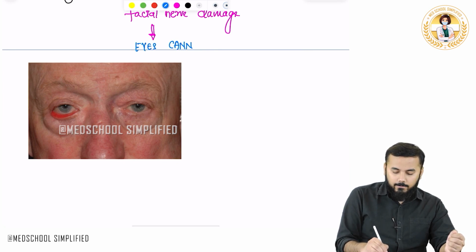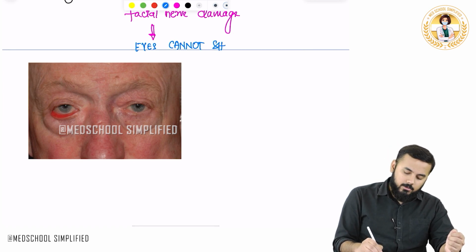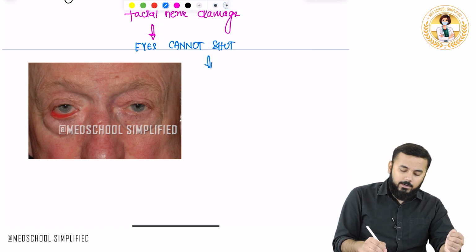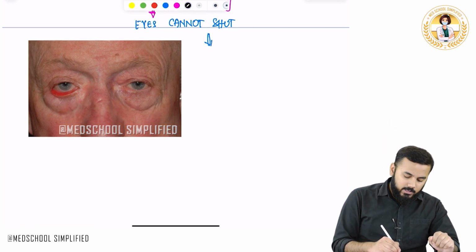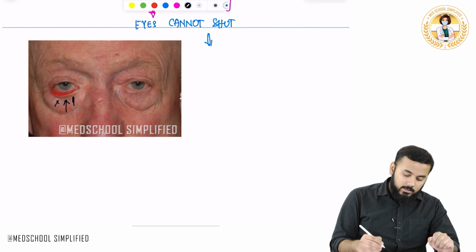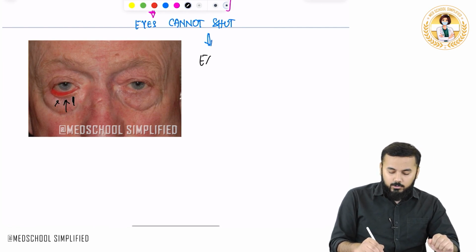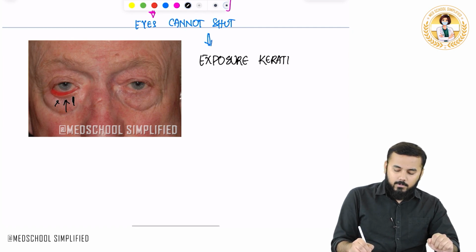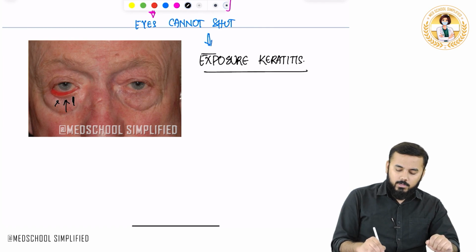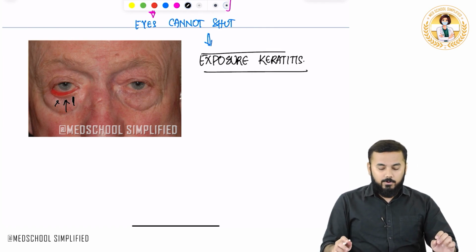So if you are not able to close the eyes, this condition where again the dust and everything will be deposited over here, you see this condition is called exposure keratitis. So this one over here is called exposure keratitis, right?